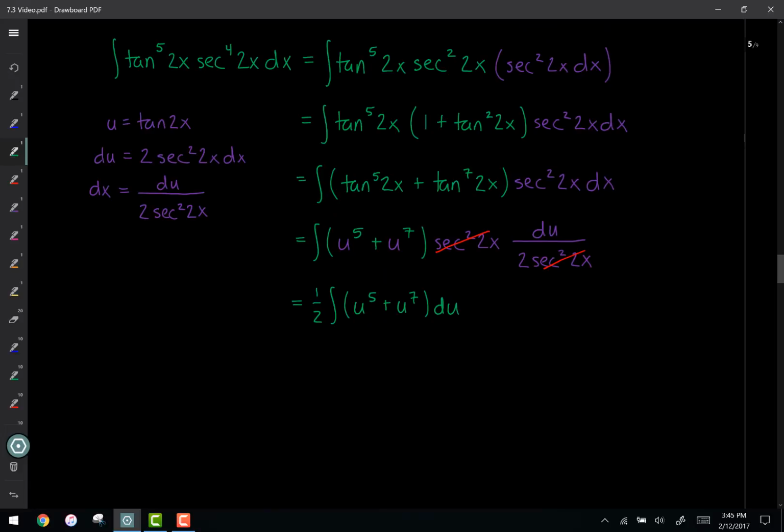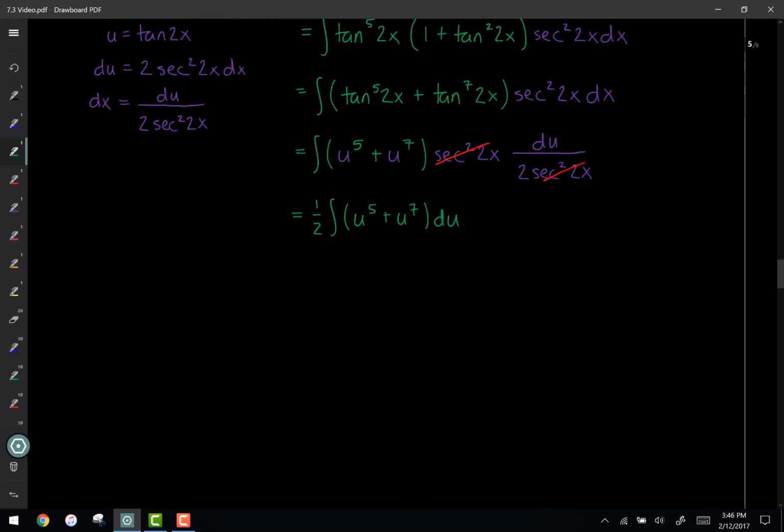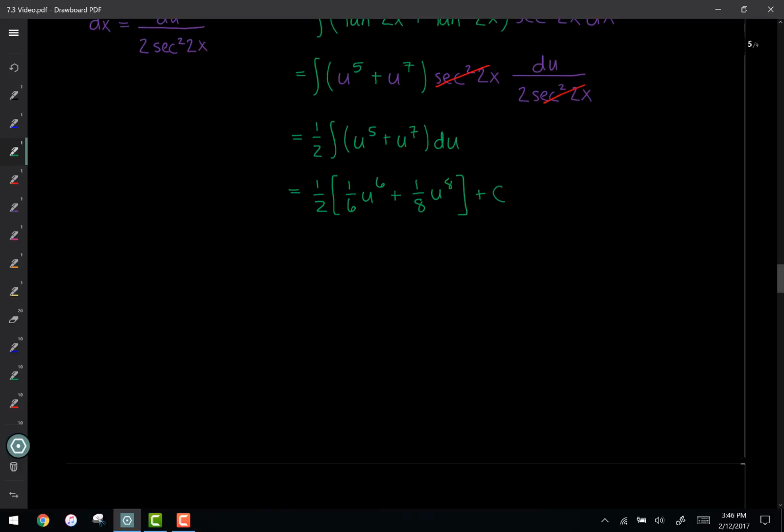And then as the last 3 or 4 examples, I'm losing track of how many we've done now, just do a power rule on the u's and then back sub. So we'll have 1/2 times power rule here, so 1/6 u to the sixth plus 1/8 u to the eighth plus c, and then back substitute and then distribute the 1/2 if you desire, which I guess I will desire to do so.